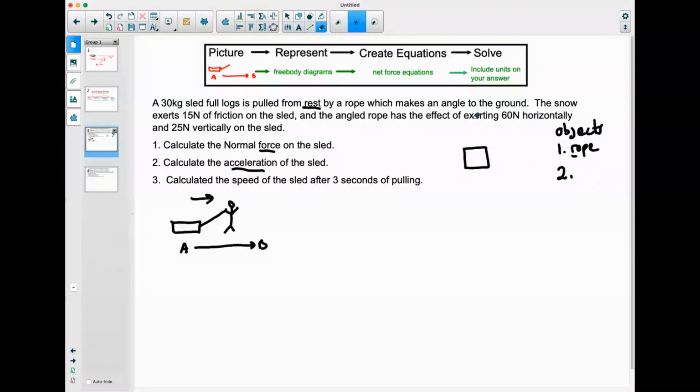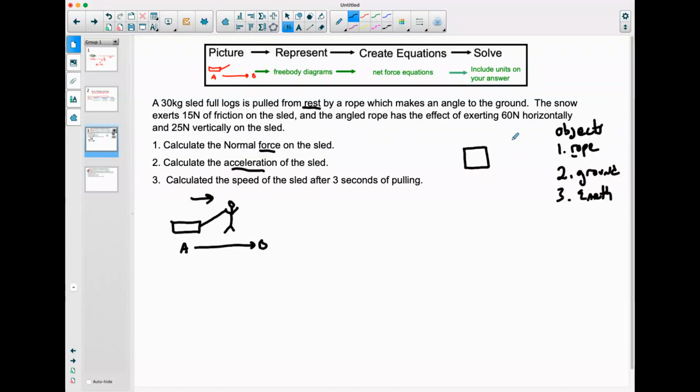We'll use ground. And then a third thing interacting with the sled, of course, is the earth. These are all objects interacting with the sled. All right, so now let's go ahead and draw our free body diagram. That is all the interactions on the sled.